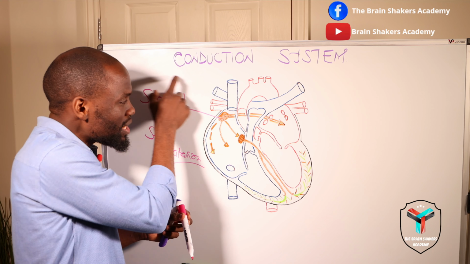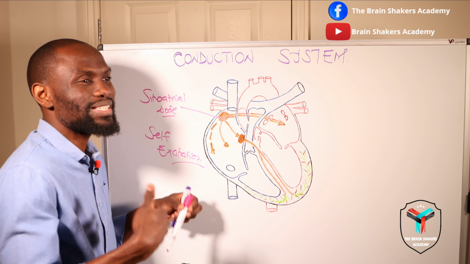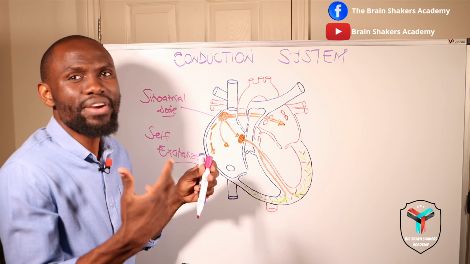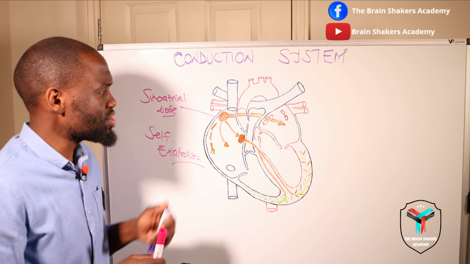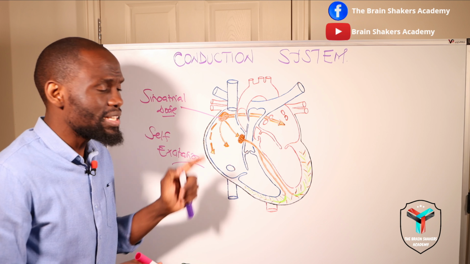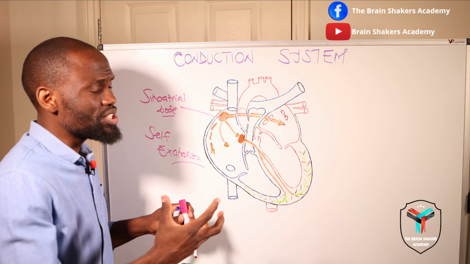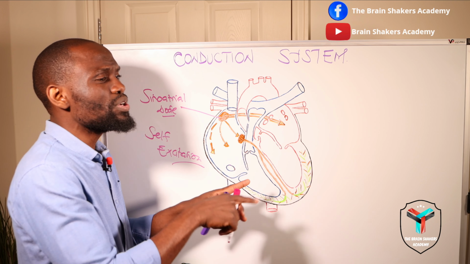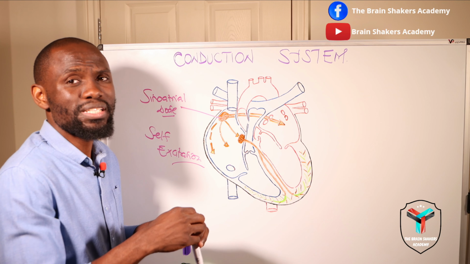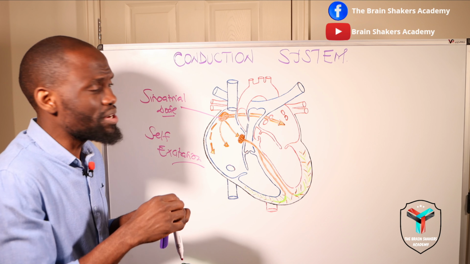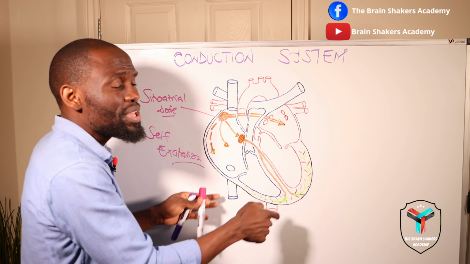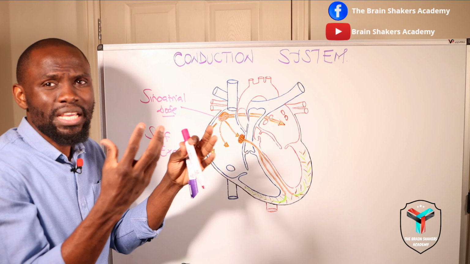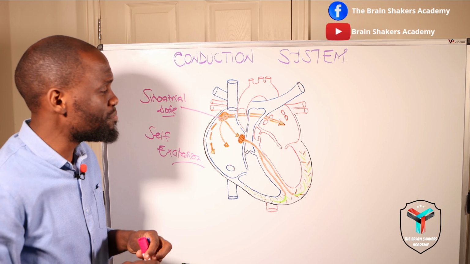The cells within that node excite themselves, and then they generate an action potential. And when they generate that action potential, it stimulates other structures that will later stimulate the cardiomyocytes, or the muscle layer within the heart, so that it can begin to perform its function of pumping.